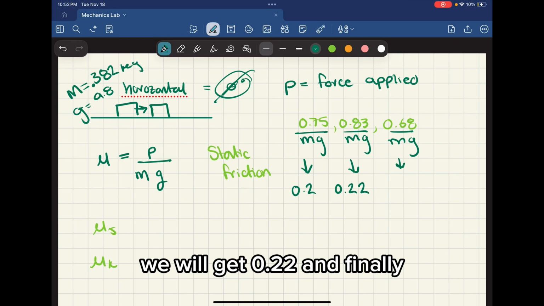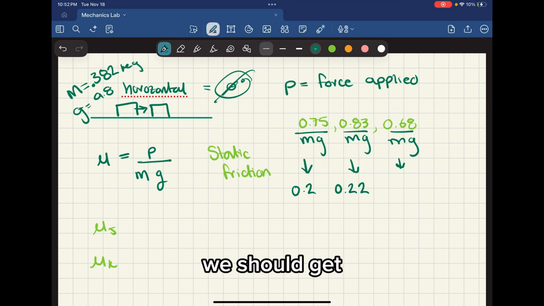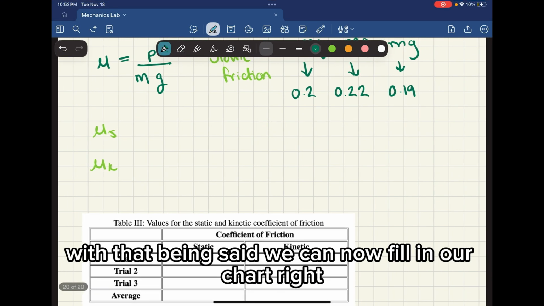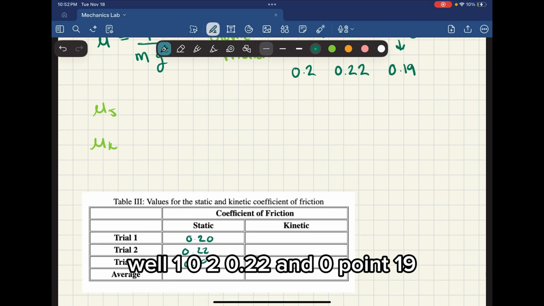And finally, when we plug in the 0.68, we should get about 0.19. With that being said, we can now fill in our chart. Our first trial was 0.2, 0.22, and 0.19.